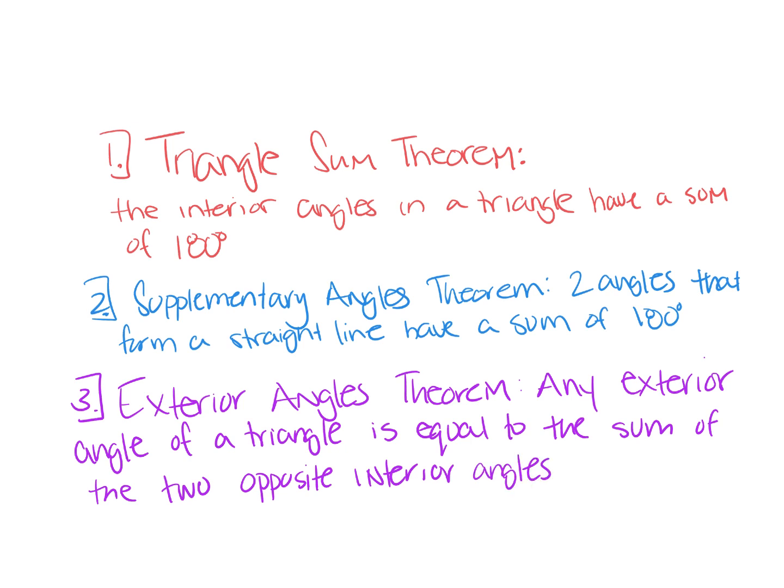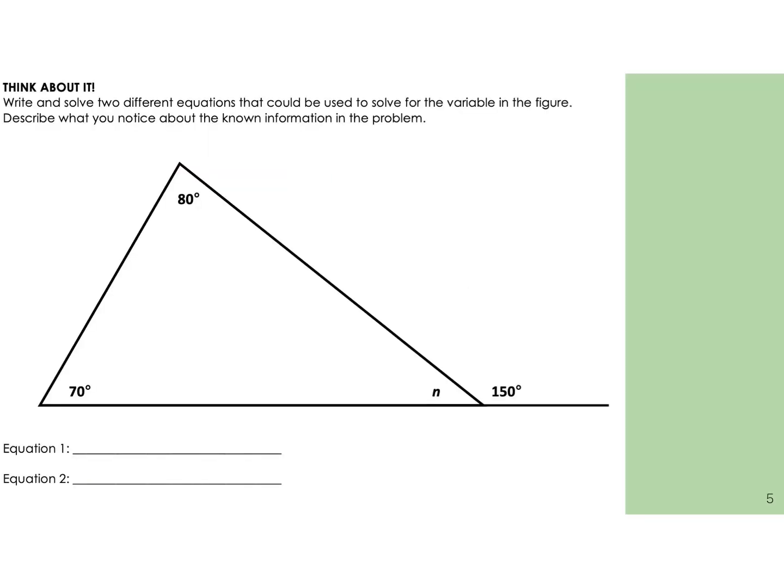So I'm going to show you what this looks like going back to the think about it example. So in our think about it, the exterior angle is always equal to the sum of the two opposite interior angles, which is here and here. That's always going to be true. This time we were given the exterior angle and both opposite interior, but sometimes one will be missing and you have to figure it out.